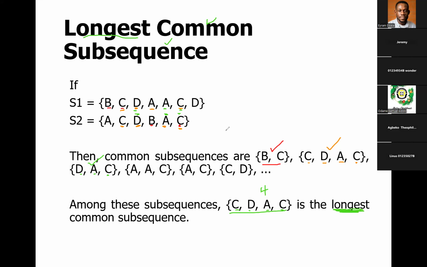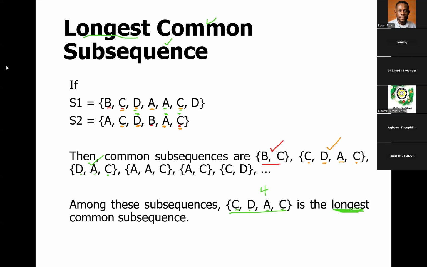Now, this LCS is important because it helps in things like DNA sequence matching, file comparison, spell checking, and also plagiarism detection. These are some of the techniques used in some of these applications that you know of.